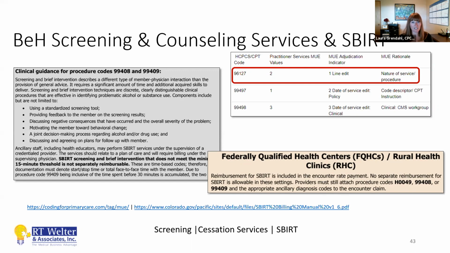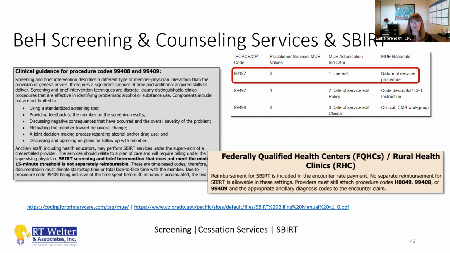So when we look at this, our MUE claim line for date of service is the maximum number that you could have on a single line item. Let's say we did all 3 of those screenings on the same date as a well child check. What this chart is telling us is that the maximum amount you could put onto a single line item is going to be 2.